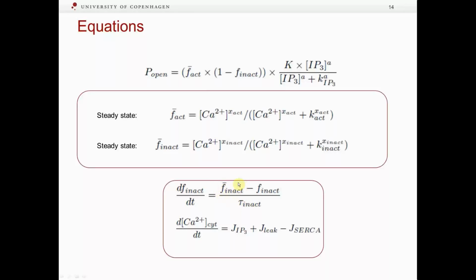The first term here is the steady state kinetics of the inactivating site. That is, if we waited for a very long period with calcium concentration maintained at a certain level, then we would get this likelihood of being in the inactivated state. However, since this process is not infinitely fast, it is described by this first order equation that gives the whole system its dynamics.